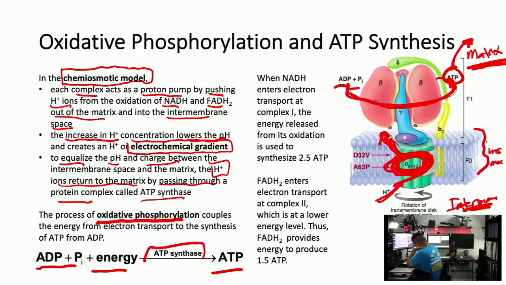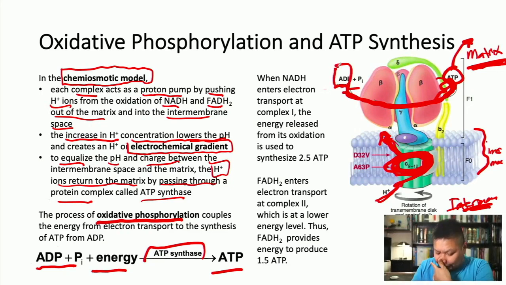And when it does that, it rotates this complex up here of ATP synthase, which has a special name, but I don't want you to remember that, so we're not going to talk about it. And as it rotates it, it brings in ADP, and it's saying diphosphate, and an inorganic phosphate, and pumps out ATP.